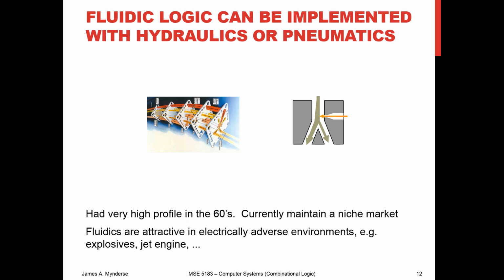You can also do some fluidic logic, which is a relatively old technology, seen in the 60s. And I like this idea. You could use it in explosives or jet engines because it's just moving fluids around. How does it work? Well, you've got some fluid flows, you've got signal flows, and you've got larger flows, and the signal flows are going to redirect the larger flows.